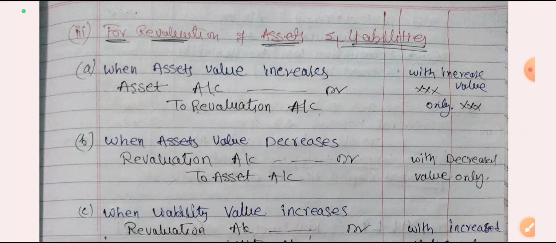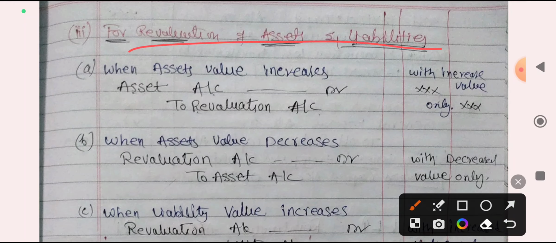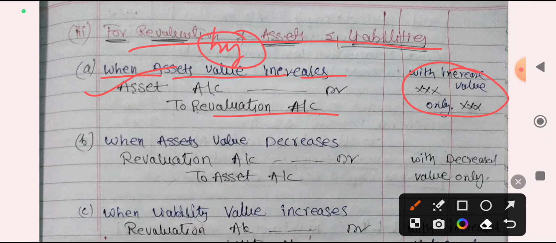Then next comes the revaluation of assets and liabilities. When asset value increased, asset account debit to revaluation account. Only with the increased value we need to take. If they say by word "increased by", take the value which is given in the adjustment.